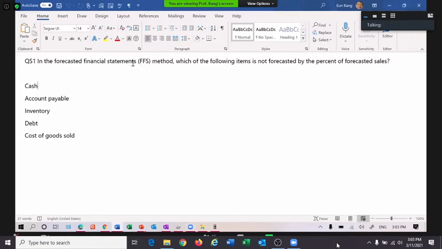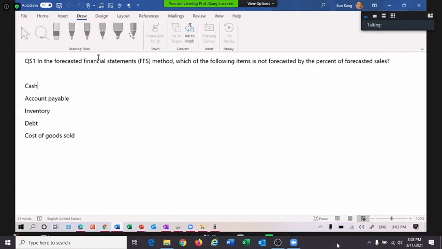Still, still, any tech savvy student? Why is this one not working? Suddenly. Why this one?